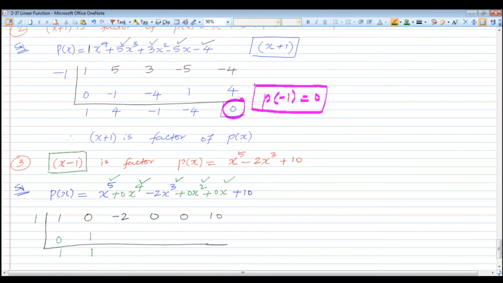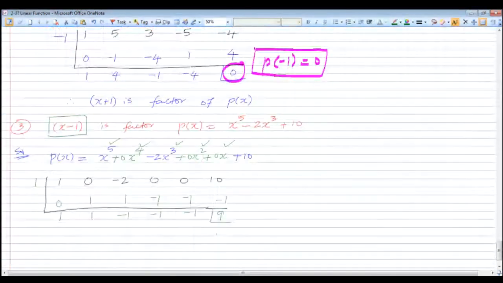Multiply 1, 1 again. Multiply, minus 1, here it is minus 1, minus 1. Multiply, you will get minus 1 again. So the answer is what? Plus 9. So what is your conclusion? Is it a factor? No, not a factor. Why? Because I got this value as the remainder, which is not 0.